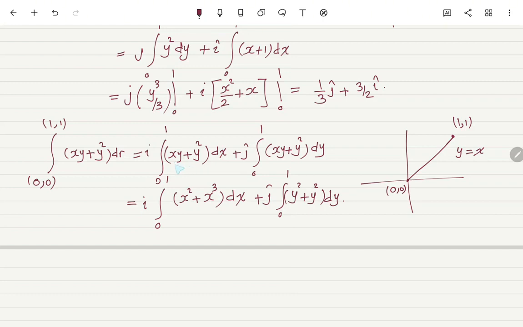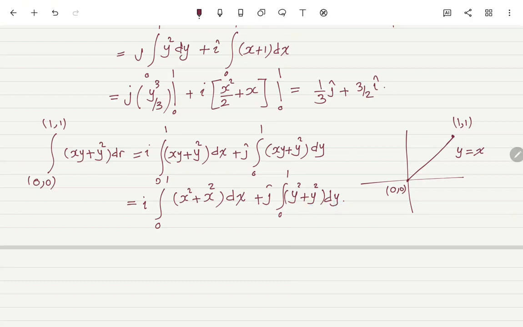For that reason we got x squared here, it's not cube. We replaced y by x, so x squared, and rather than using y squared, we just used x squared dx. And the same thing here, xy, rather than using x, we used y, so it's y squared plus y squared dy.